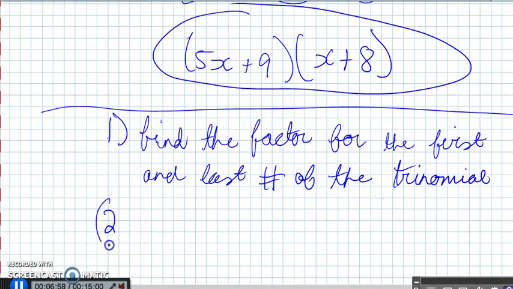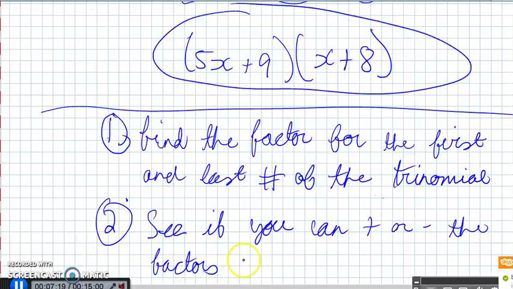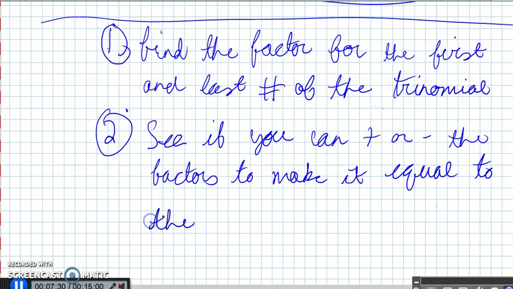Two, see if you can add or subtract the factors to make it equal to the middle number.